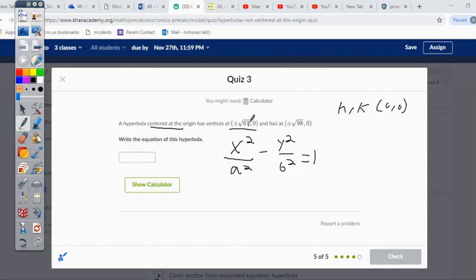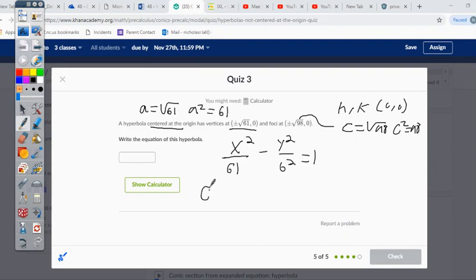Now I know the vertices are plus or minus root 61. So a is equal to root 61, which means a squared is equal to 61. Now I need to find b squared. c is equal to the square root of 98, so c squared is equal to 98. c squared is equal to a squared plus b squared.